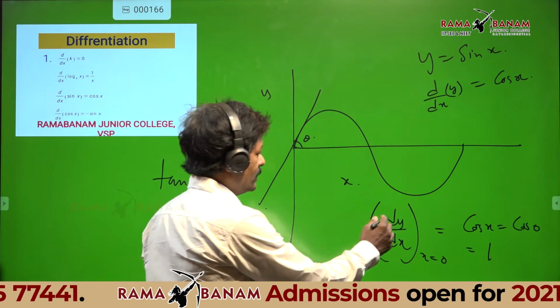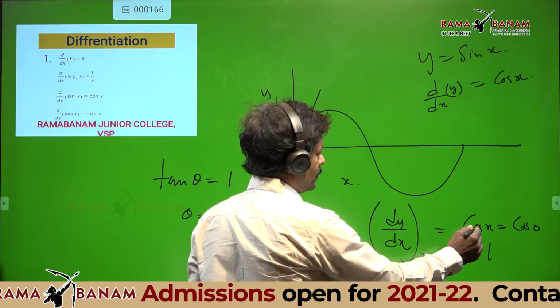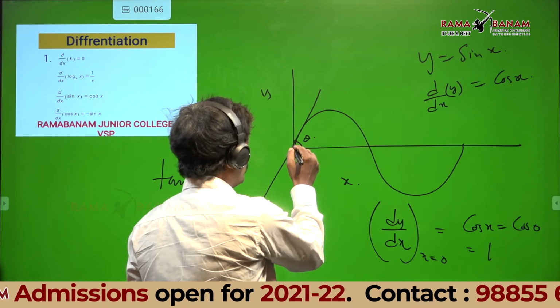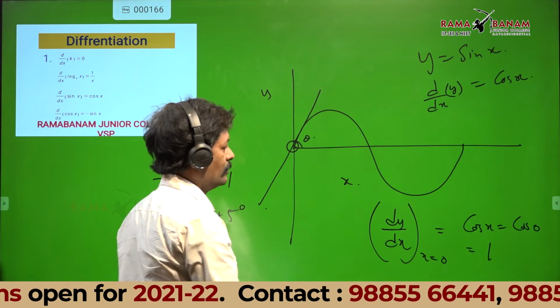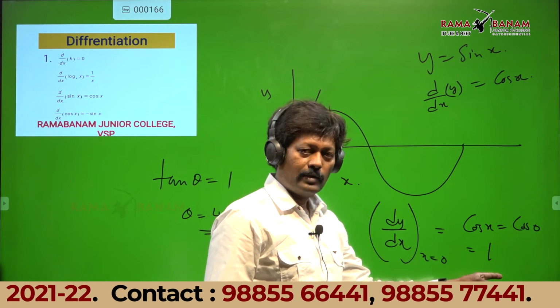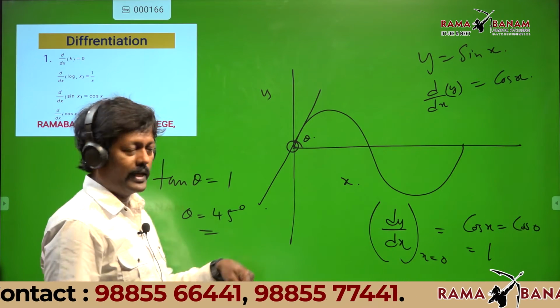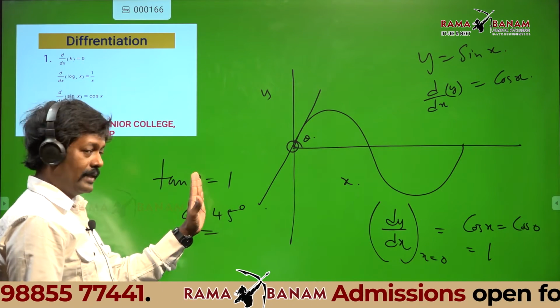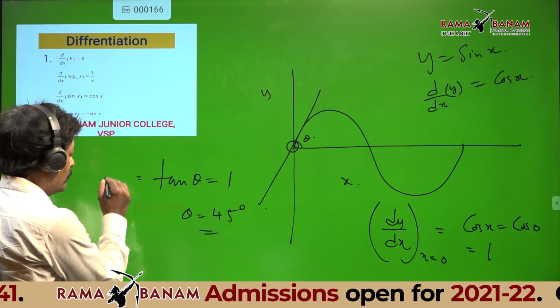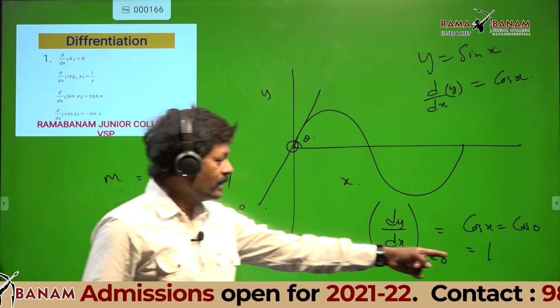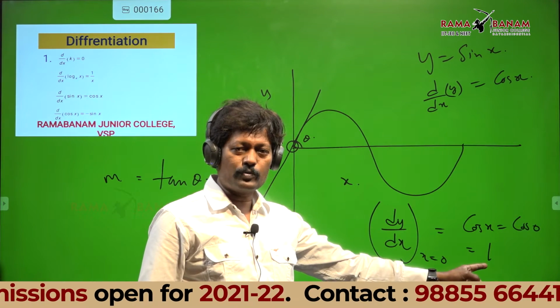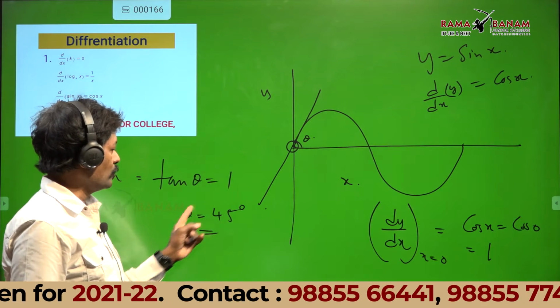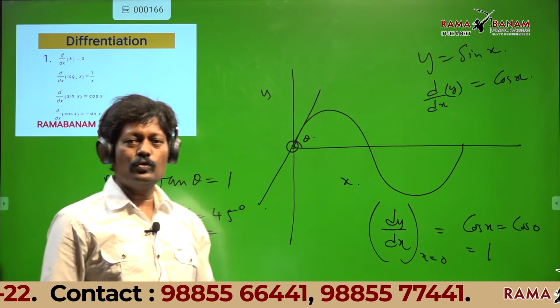X value is 0 because I have drawn the tangent at x equal to 0. So, cos 0 is 1. But you know the 10th standard formula, tan theta is the slope. The slope is 1, so tan theta is 1. So, theta is 45.